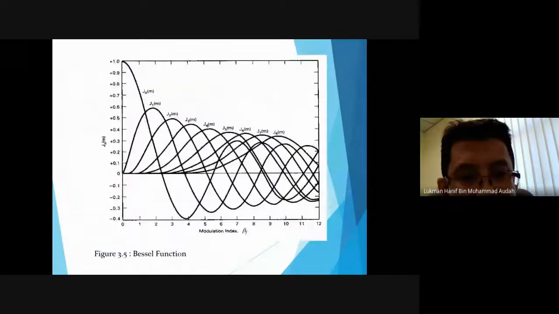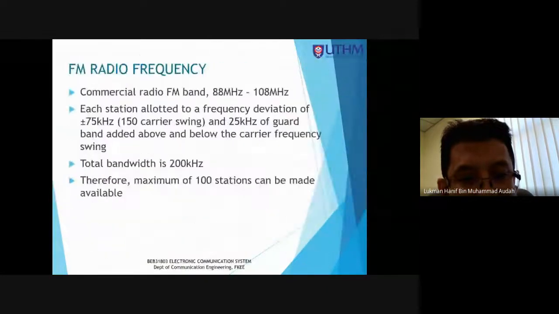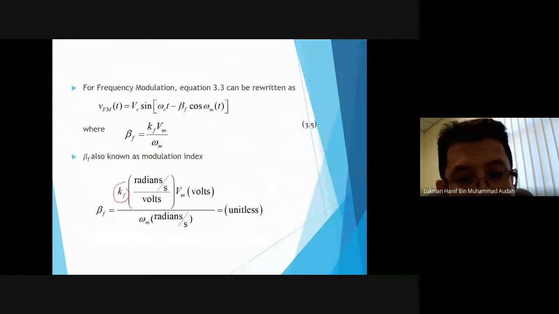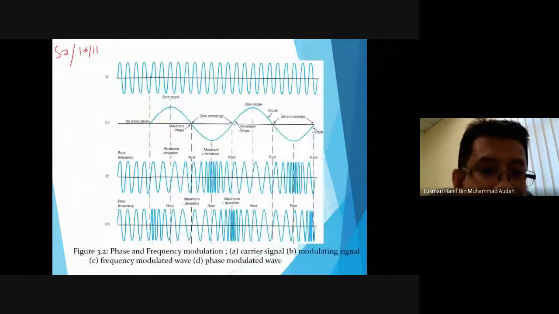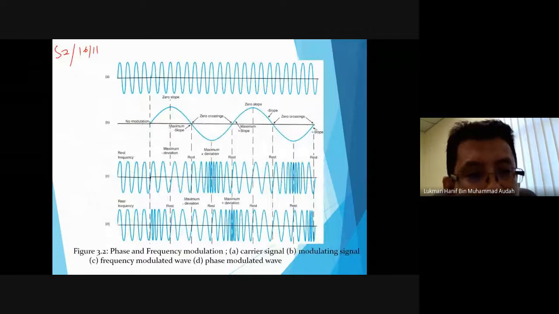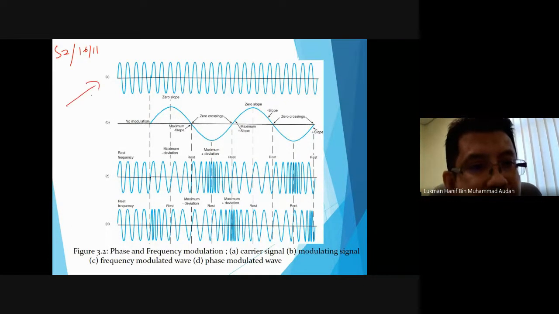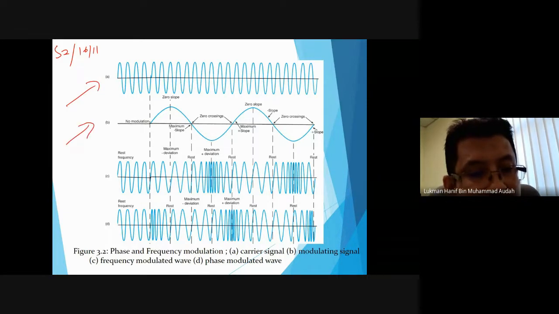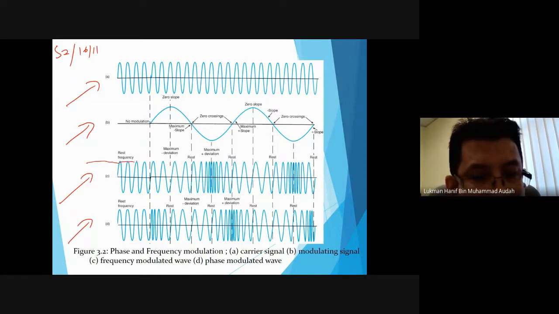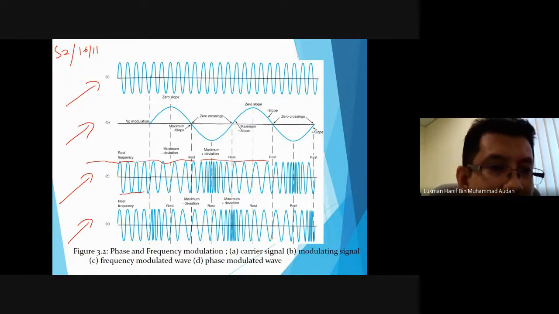So kita perlu lihat gambar, saya flashback supaya kamu faham. Mana gambar ini. So kalau you lihat di sini, this is carrier, this is modulating signal, this is FM, this is PM. Kalau you lihat dia punya amplitude, amplitude-nya adalah sekata stable.